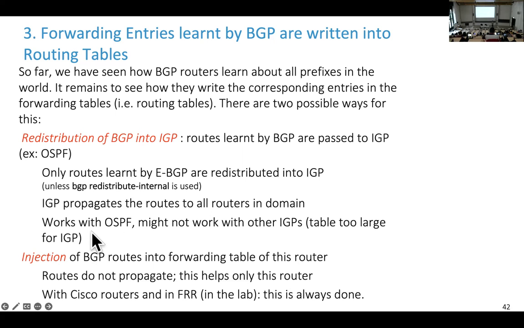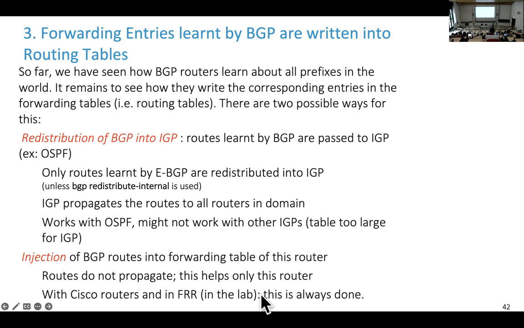Such a thing works with OSPF because OSPF is very sophisticated and can handle large tables, but it might not work with other IGPs. The other thing that is less natural, but is most of the time done, is called injection. It means that when you have a BGP router and it learns an external route, it will directly put that route in its forwarding table.